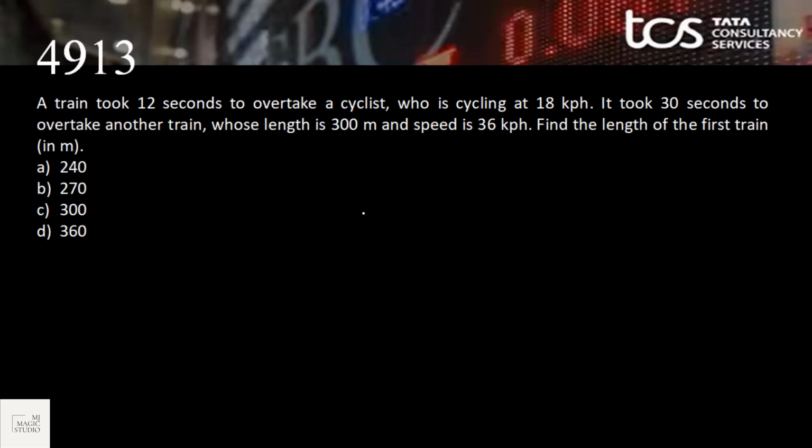A classic take on relative speed or effective speed. A train took 12 seconds to overtake a cyclist who is cycling at 18 km per hour. We don't have the speed of train.